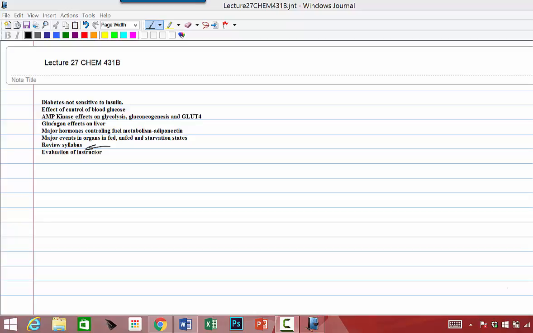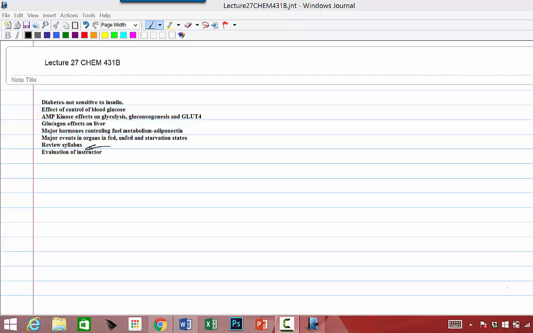And what's the carbon product of pyruvate dehydrogenase complex? Acetyl-CoA, very good. And acetyl-CoA is the building block for fatty acid synthesis. So you can actually make fatty acids.